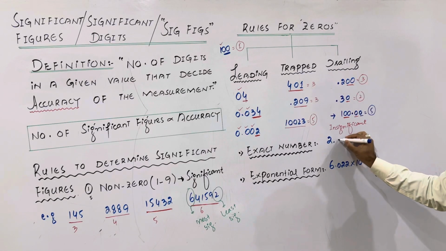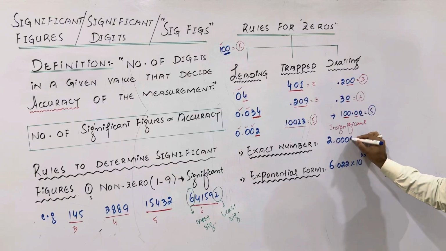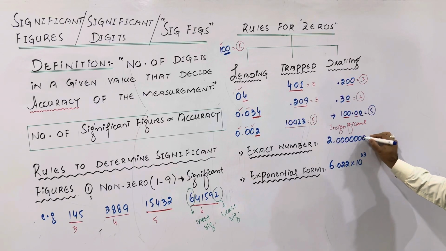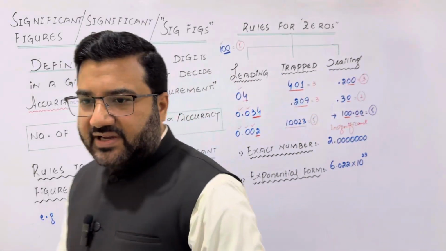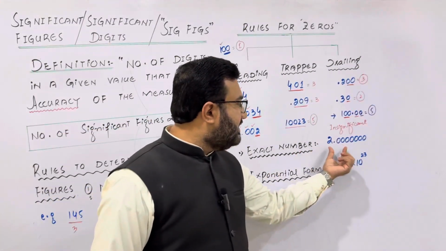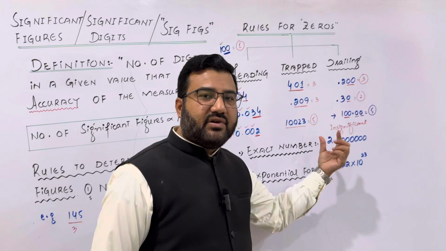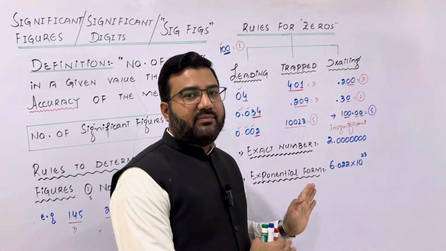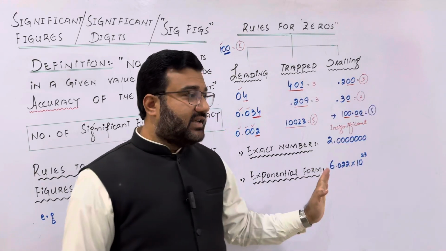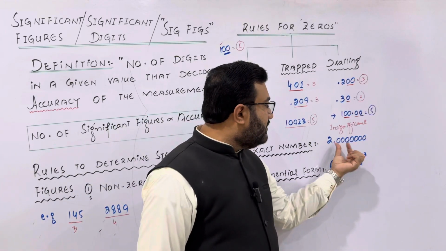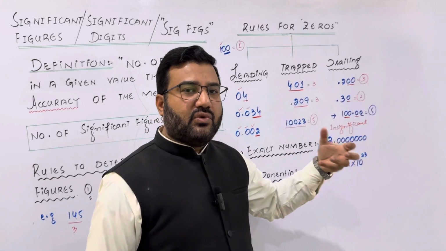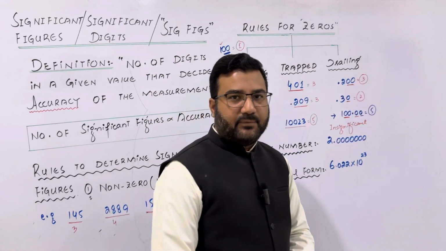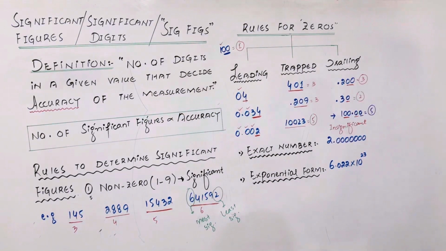Because you can place a decimal here and you can place infinite zeros here. So an exact number will have an infinite number of significant figures, because you can place infinite zeros after the decimal. The greater the number of zeros after the decimal, the more certain and accurate the value. So this was the rule for the exact number.